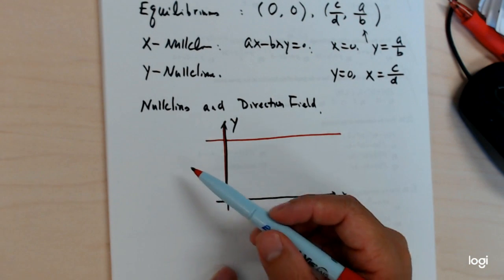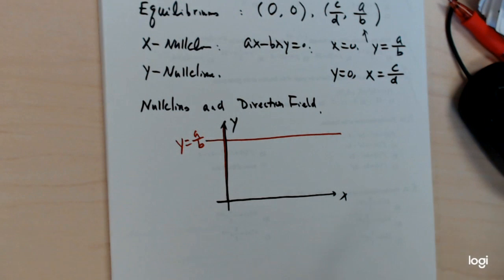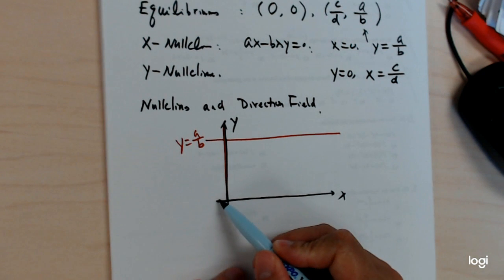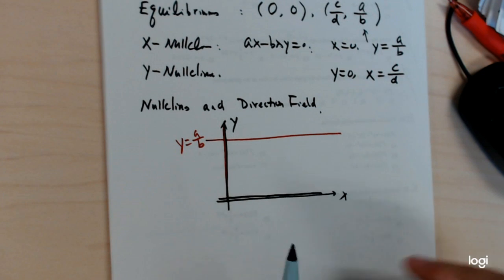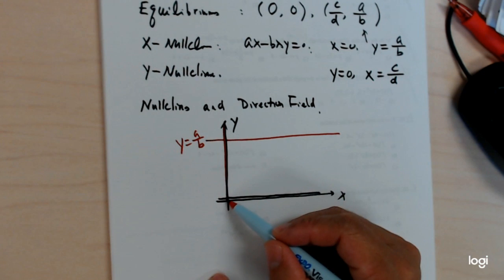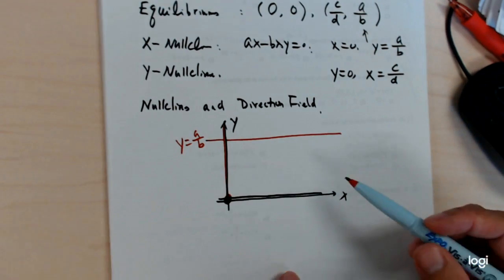So this is y equal to a over b. The y nullcline is y equal to 0. And notice wherever they intersect, these are equilibriums. The x nullcline and y nullcline intersect right here. That's one of the equilibriums that we already found.